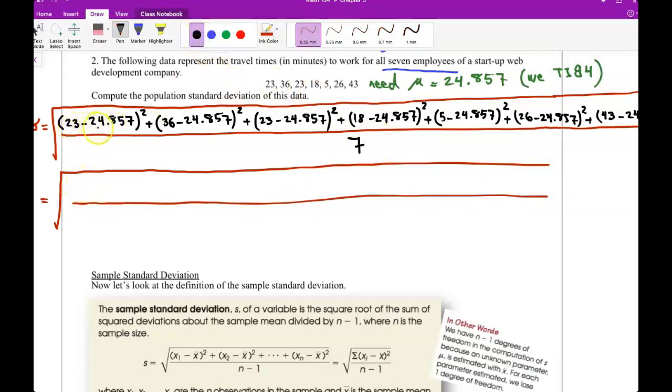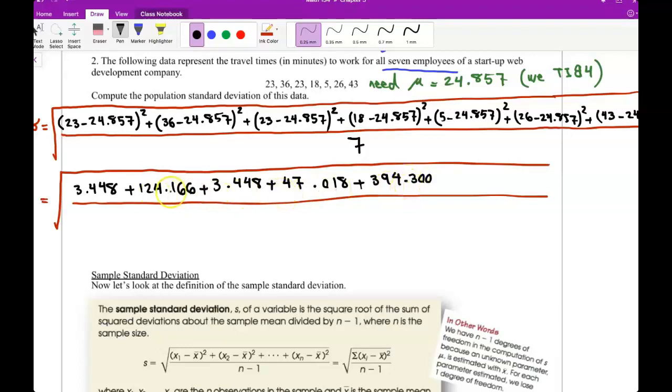First subtract 23 minus 24.857, and then square that is 3.448, plus here we have 124.166, 3.448, 47.018, plus 394.300, or you can write 0.3.